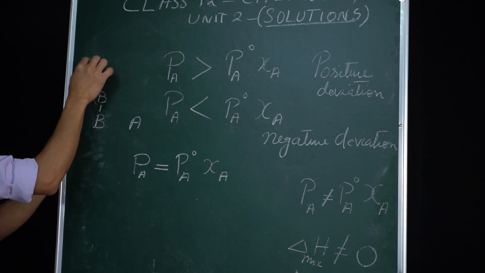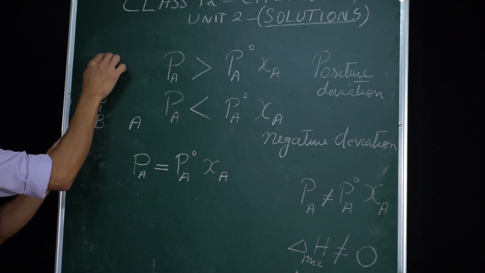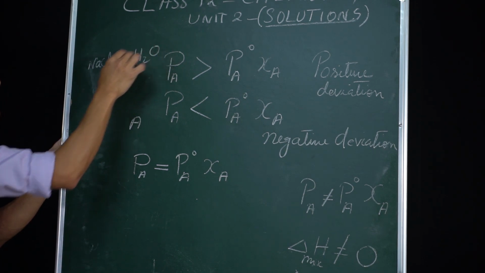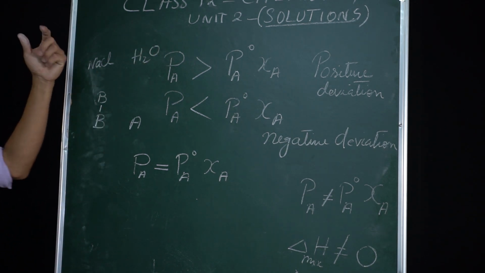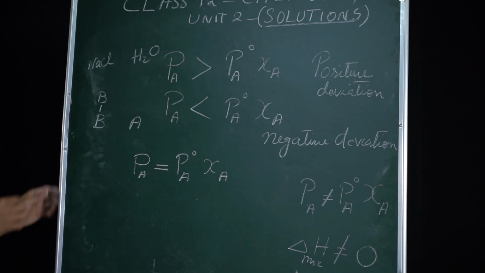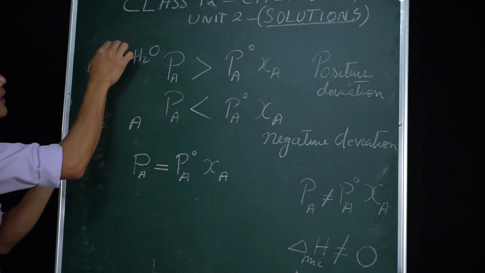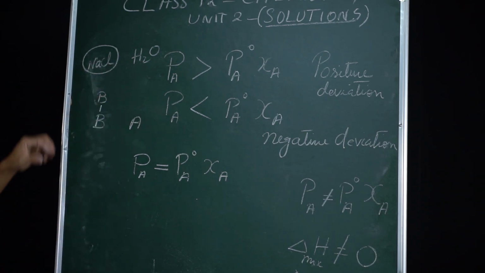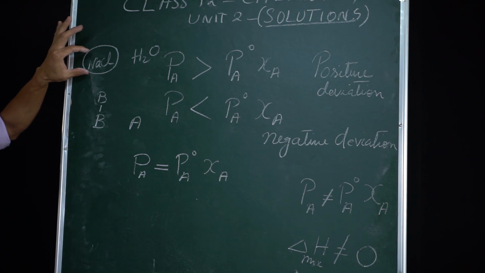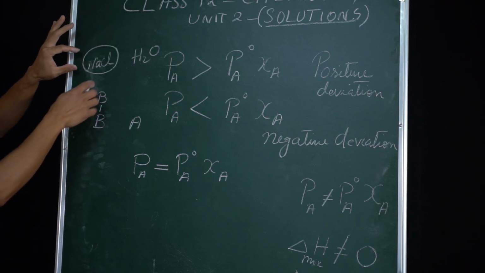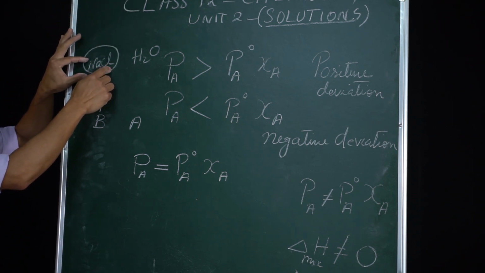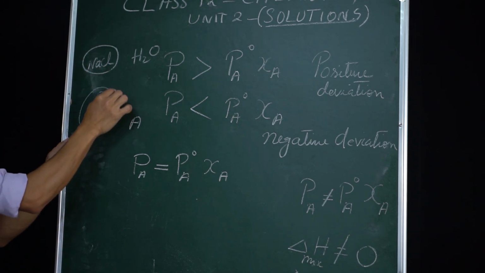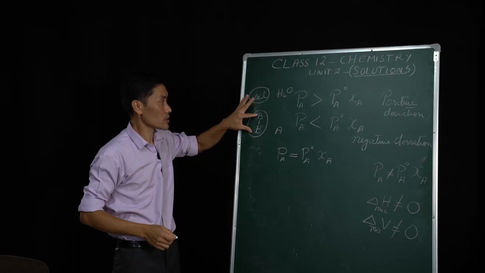Suppose we have NaCl dissolved in water. NaCl is the solute that is dissolved in the solvent water. The interactions between NaCl molecules, in the solid NaCl before we put it in the water, let us represent by BB, B to B interactions.